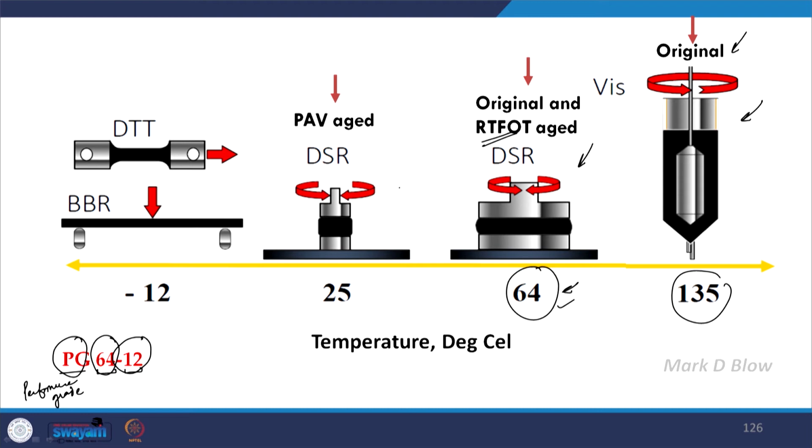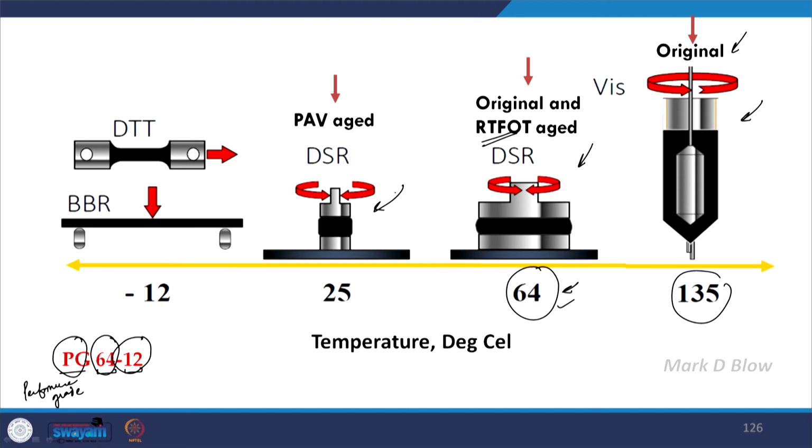We will again do the DSR test at 25 degrees Celsius, but here we will be using the long term aged specimen, because we are trying to assess the fatigue cracking related characteristics, and fatigue cracking is a phenomenon which occurs when the binder has become stiff and also at the intermediate temperature range. So, the binder will become stiff only after long term aging.